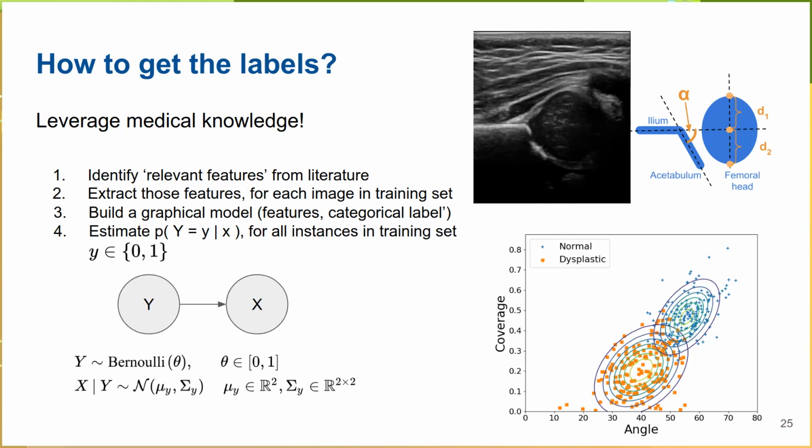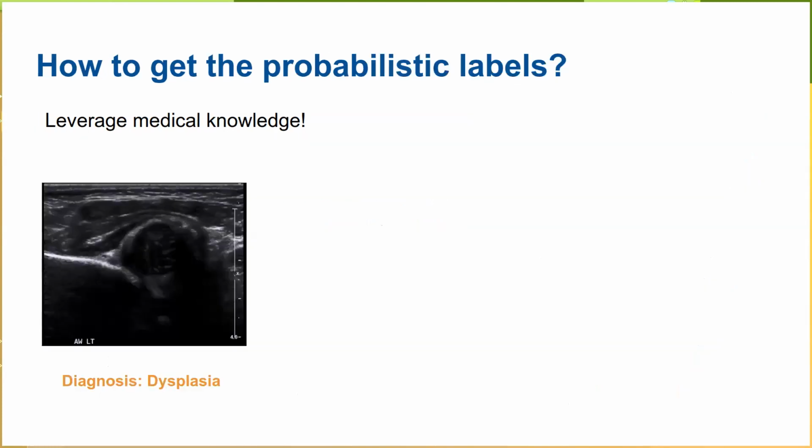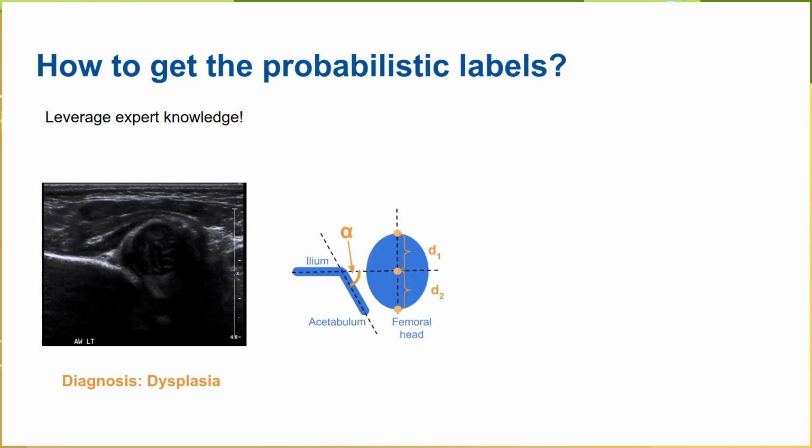So let me go to this example in more detail. For example, this image here was diagnosed with dysplasia. So we go and we measure the angle alpha and the ratio of D1 and D2. This is called coverage, which is why it has the letter C in there.